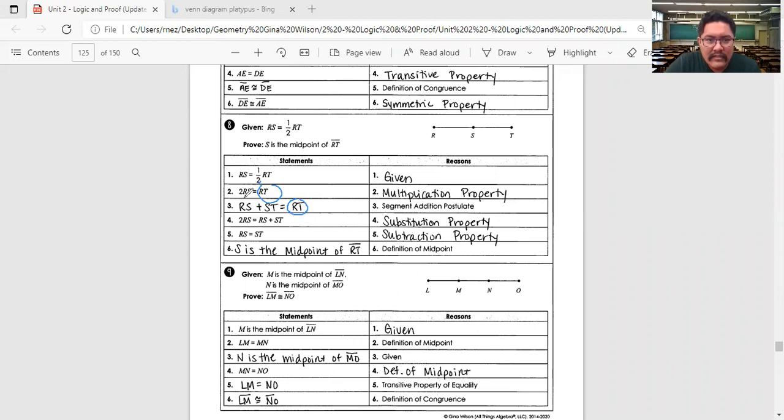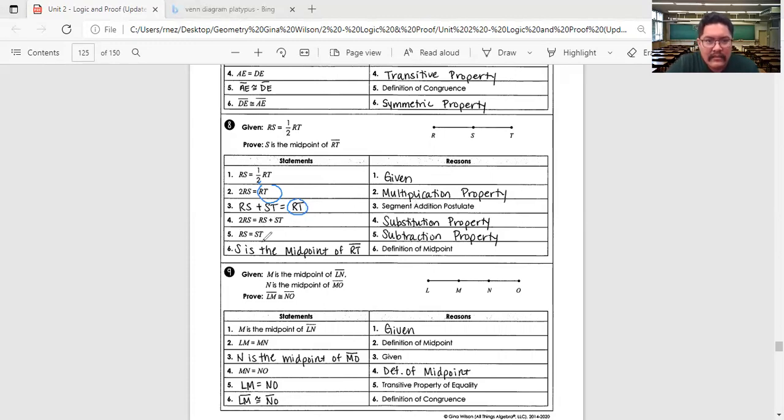So what they're going to do is take what is equal to RT, which in this case is 2RS, and move it down here. RS and ST, we have another set because again, that's also compared to RT. Since both of them are equal to RT, we can set them equal to each other.